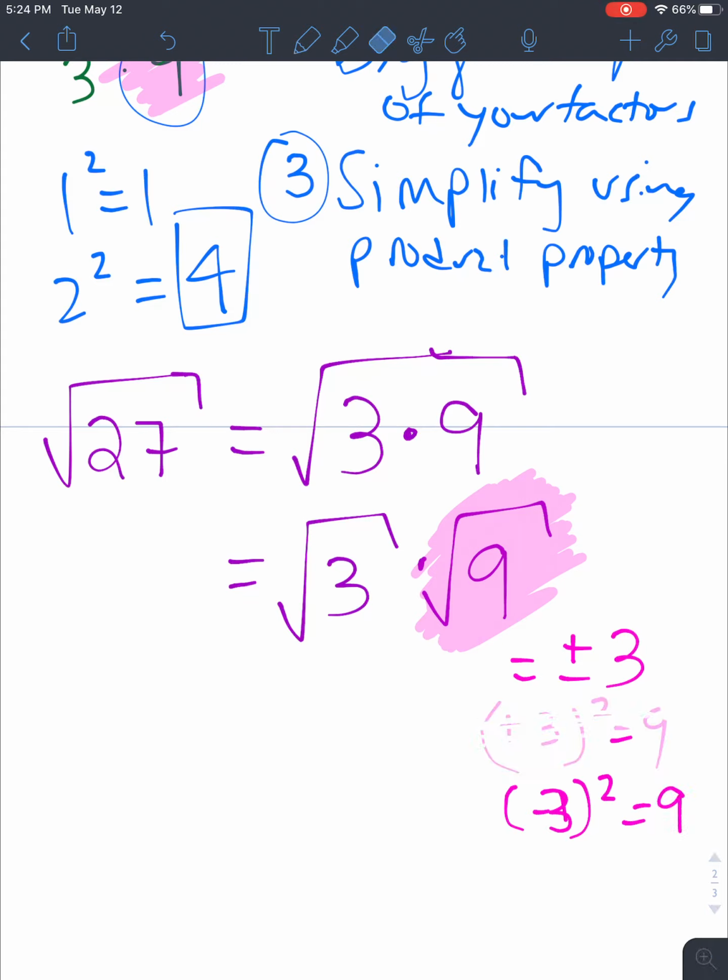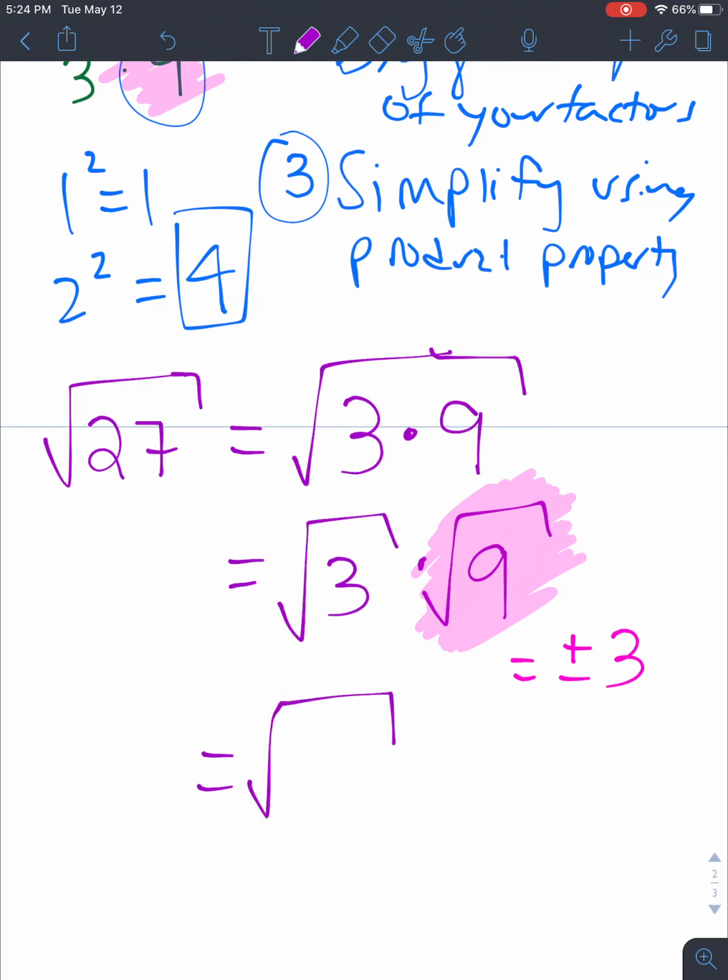So that's why we have that plus and minus there. So now we're going to replace our square root of 9 with plus and minus 3. So now we have the square root of 3 times plus and minus 3.